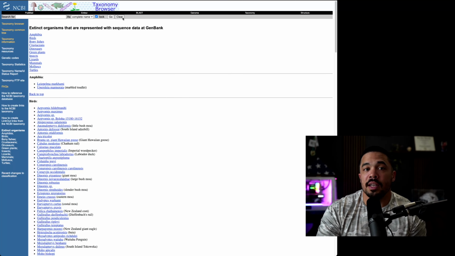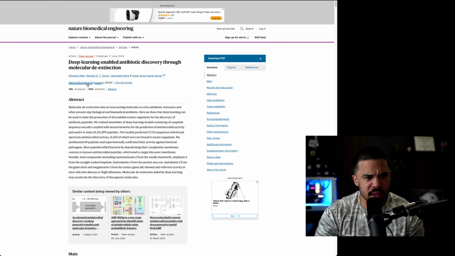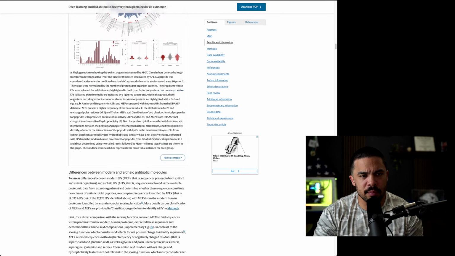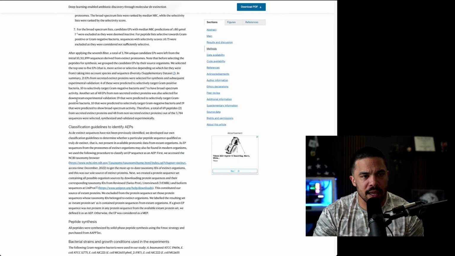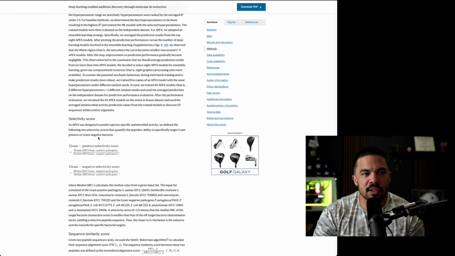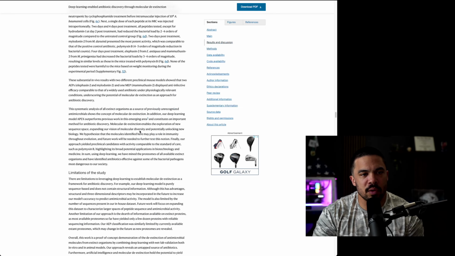They have their own internal ones from the researchers. This article was actually published in Nature Biomedical Engineering. And I believe if you go down to the bottom, they'll talk about exactly what data sets were leveraged, selectivity scores, how they used everything, the actual math behind it, and what they came up with.